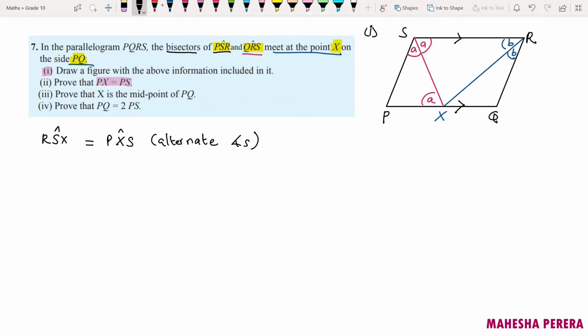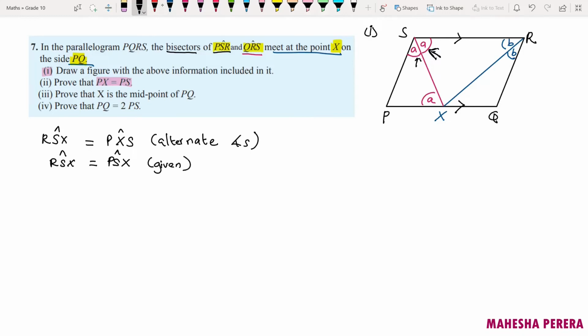Then these two angles are obviously equal and it is actually given, right? So we can write RSX, angle over here, equal to PSX, angle PSX, right? And this is given.